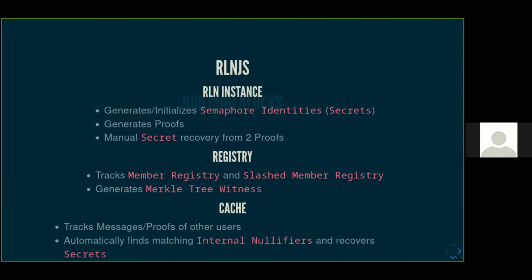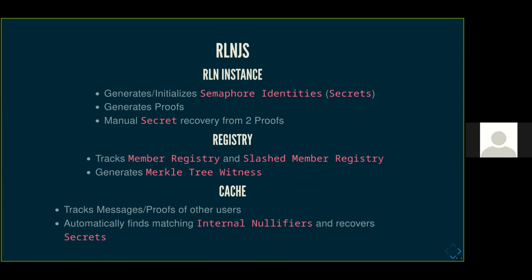All right, so the building blocks of this. We have a library that we're working on called RLN.js, and I'll cover this quickly because this isn't really dealing with the circuits, but we essentially have a JavaScript library that handles the registration and the slashing.